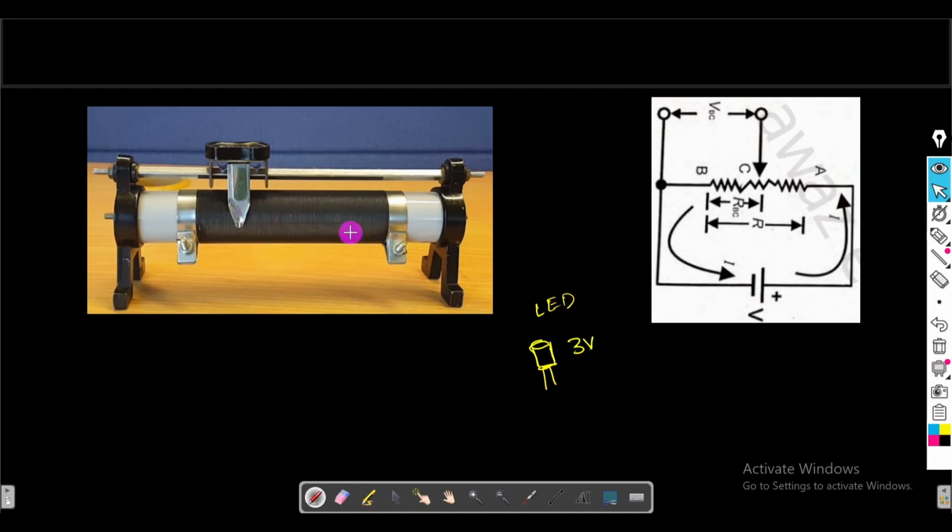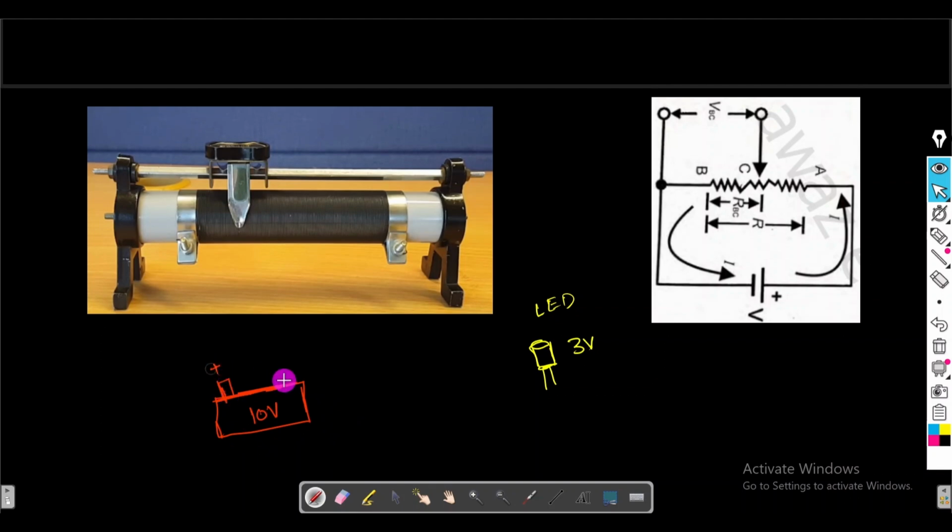Here this rheostat is connected with a 10 volt battery. Mostly there is no such small voltage battery provided in the market, so let's say we have this 10 volt battery.